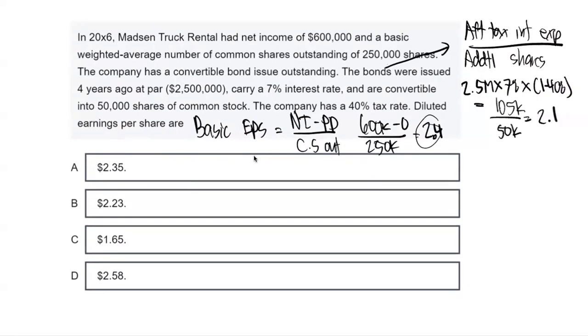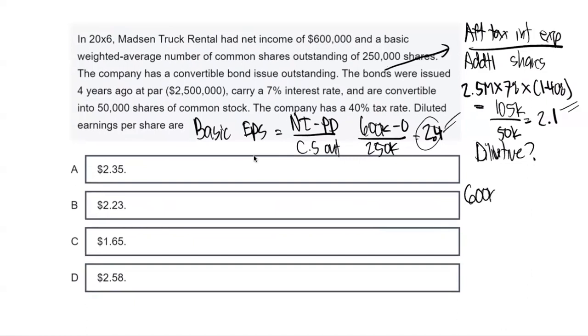Pag sinabi nating dilutive, it would cause our EPS to go down. So, dapat, itong na-compute natin, mas mababa kesa dito. So, dilutive ba siya or hindi? Dilutive, because it would lead our basic EPS to go down. So, now, i-combine mo lang ngayon yung ating basic EPS.